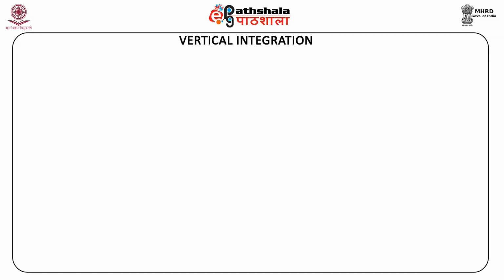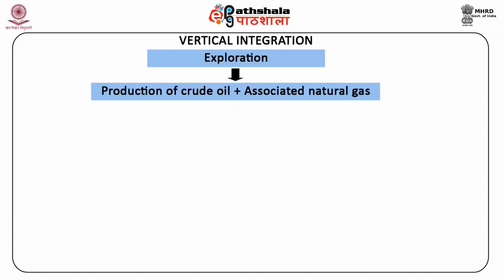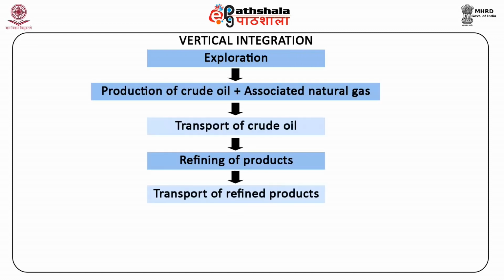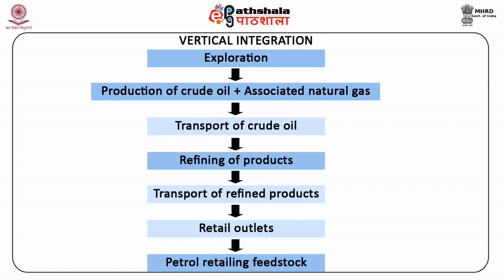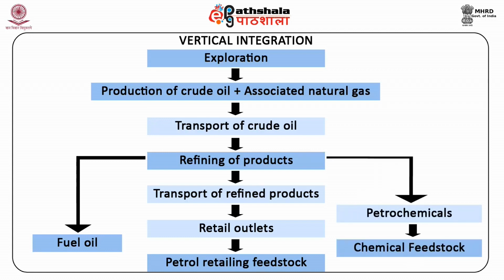Firms in the oil industry have 8 vertically integrated stages, starting from oil exploration, moving down through the stages of production, refining, transportation, and selling to the end users, which comprises petrol retailing, supply of heavy fuel oil for electricity generation, and oil feedstock for chemical industries.